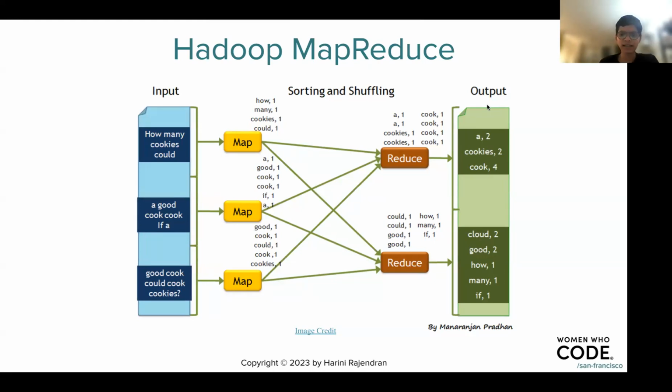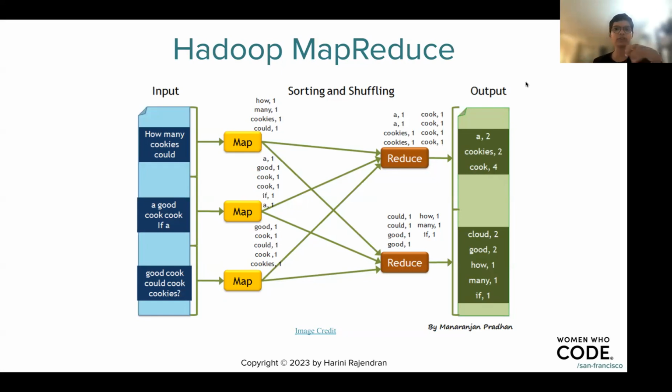So this is at a high level how the Hadoop MapReduce framework works. As I mentioned, the mapper reads data from the file system and produces intermediate results, which are again stored on disk. The reducer reads from the disk again and then writes the output to disk again.